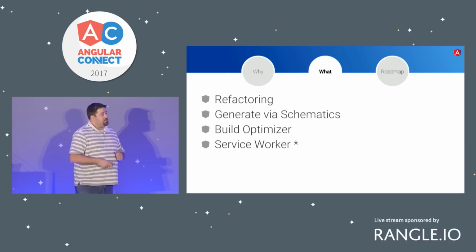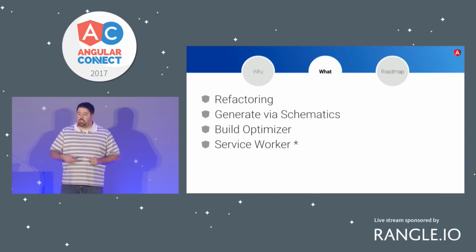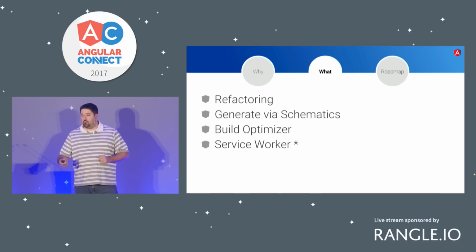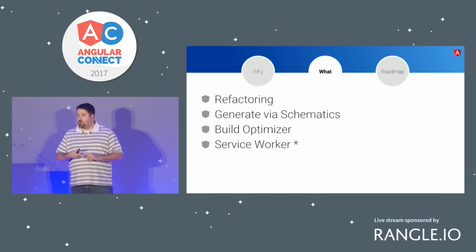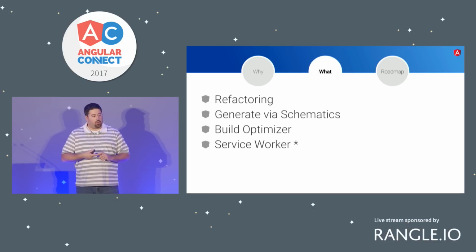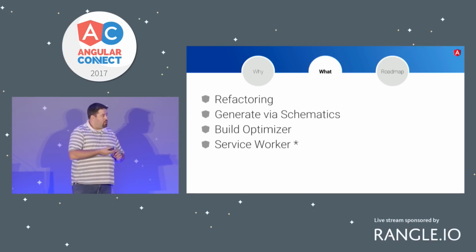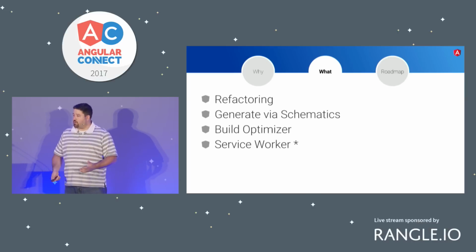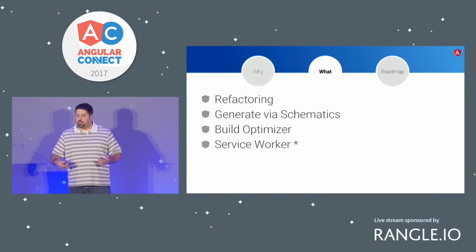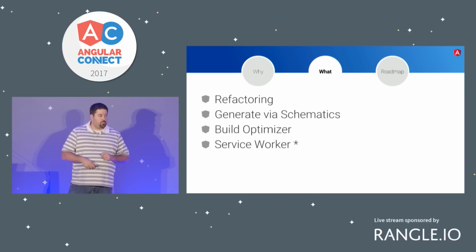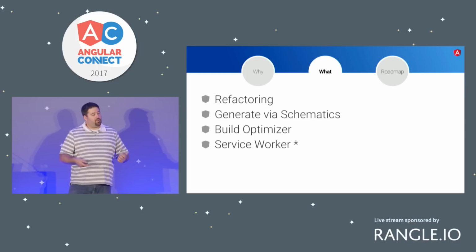We've already moved things into DevKit, things that we've already done. Generating with schematics, starting with Angular CLI version 1.4. Schematics was being used to generate all of your new applications. All your components, services, pipes, anything else that you generated was already running through schematics and using DevKit as of version 1.4. Also, Build Optimizer is part of the DevKit.